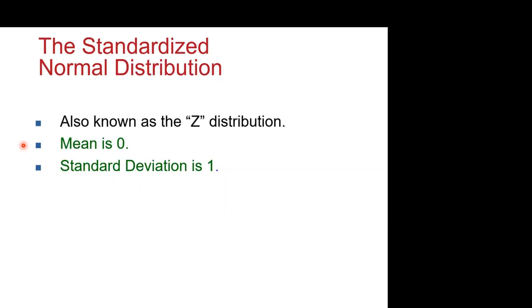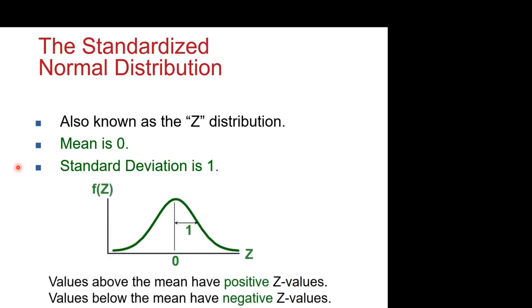Under the standardized normal distribution, which is also known as the Z distribution, we must remember the mean is always equal to 0 and the standard deviation always equal to 1, as I have mentioned a couple of times before. Again, this is the distribution of Z, and this is the frequency distribution on the y-axis.